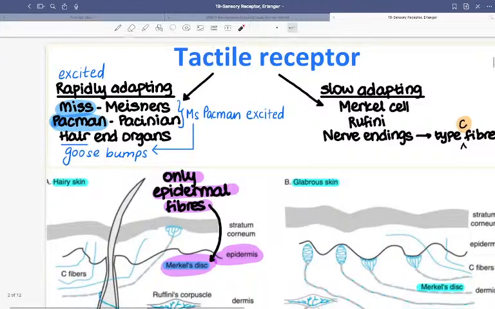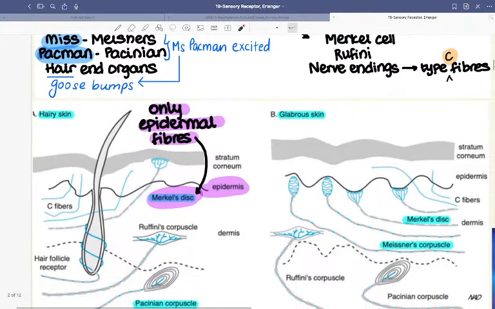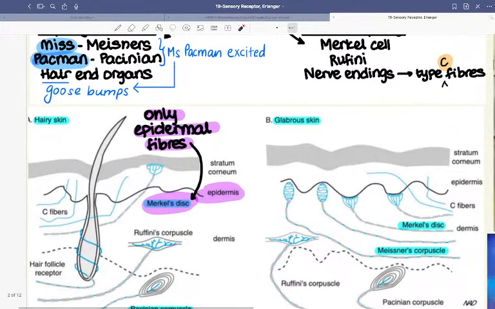Merkel is the only epidermal fiber that you have, and Pacinian has deep pressure and vibration sense. These have an onion skin appearance and are very fast adapting.